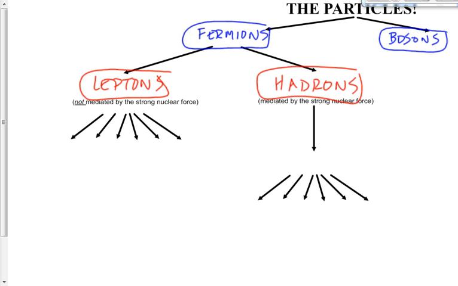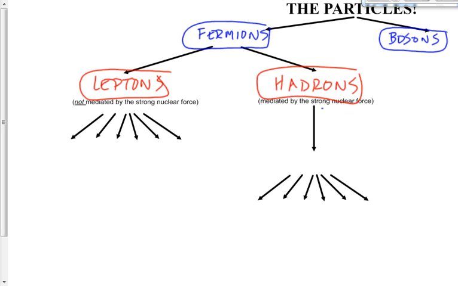Remember we talked about the strong nuclear force when we were talking about radioactivity, particularly alpha decay, when you've got protons repelling protons by the electrostatic force, but protons and neutrons attracting each other by the strong nuclear force. Hadrons are affected by the strong nuclear force, leptons not affected by the strong nuclear force.